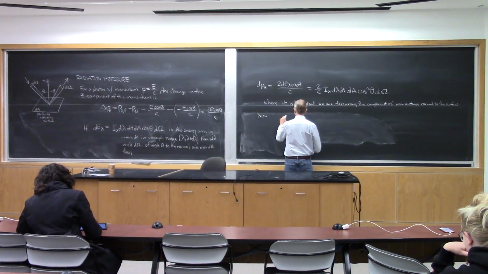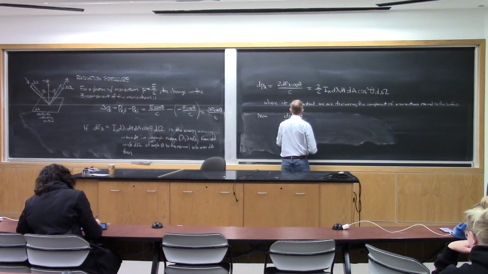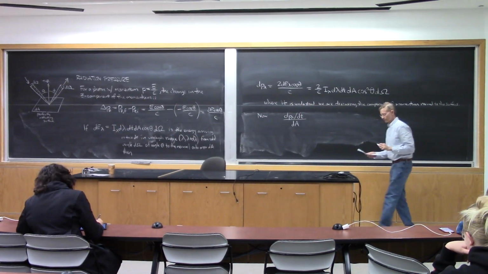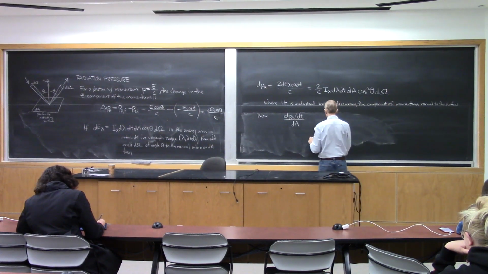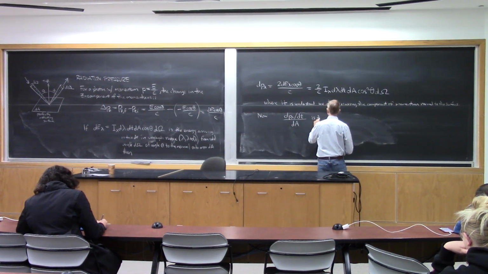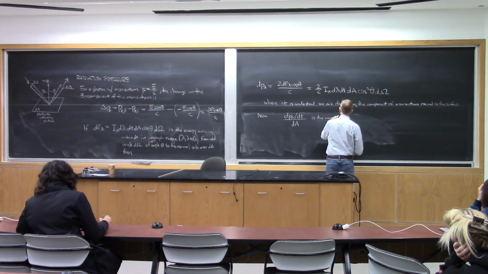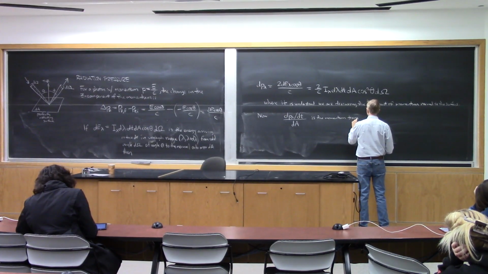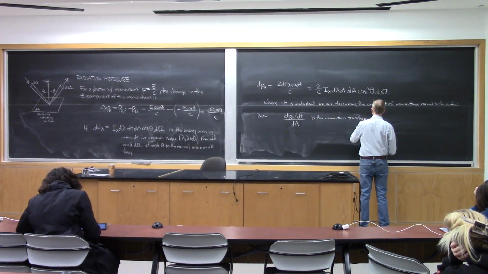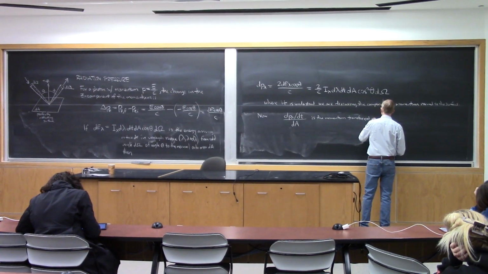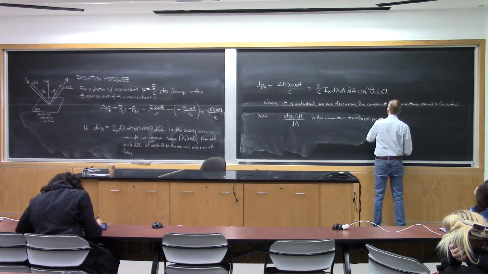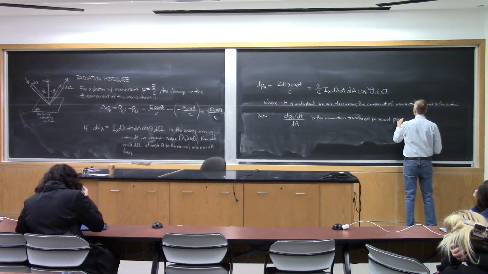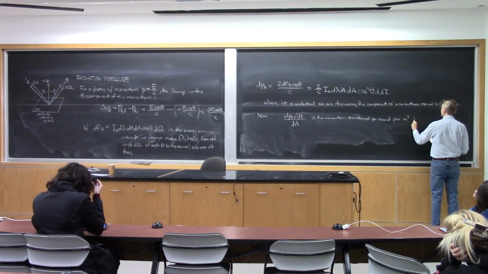now dP lambda dt divided by dA should be the pressure. dP lambda dt divided by dA is the momentum transferred per second per square meter to the photons.